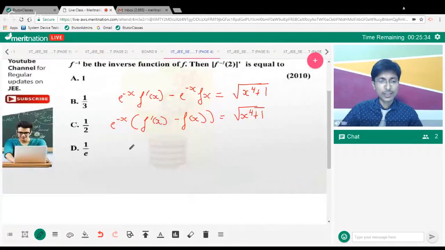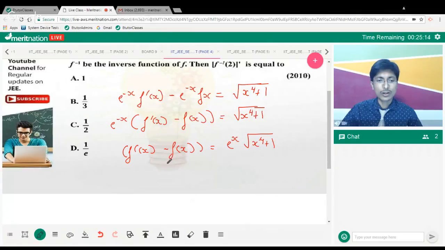So I'll have f dash x minus f(x) equals e raised to the power x into under root of x raised to the power 4 plus 1. Now, in order to find the expression for f dash x, I'll take f(x) to the right hand side.